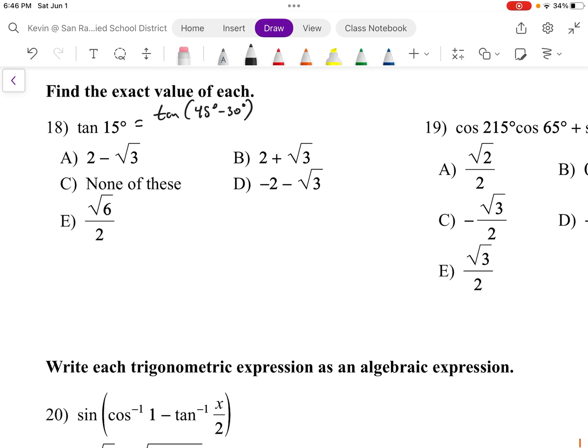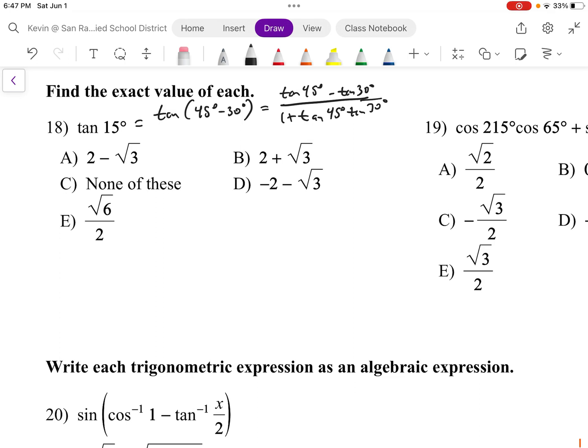So I'm going to run out of space otherwise. So equals tangent of 45 degrees minus tangent of 30 degrees, and then 1 plus tangent 45 degrees and tangent of 30 degrees.